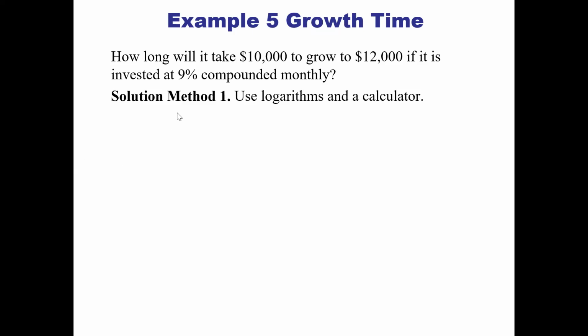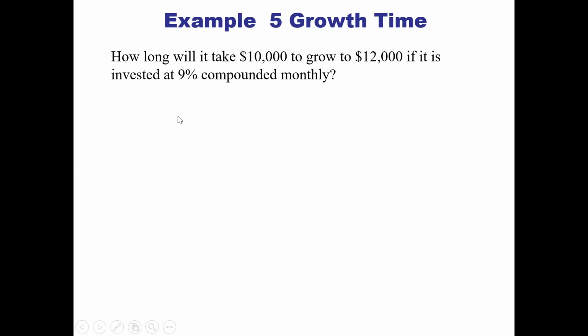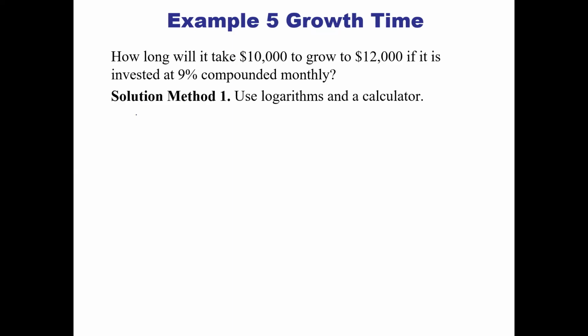Well, we're just going to use A is equal to P times (1 plus r over m) to the power mt. And so A is going to be 12,000. That's the future value.